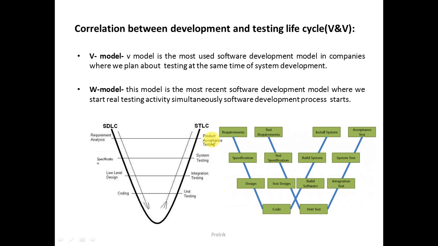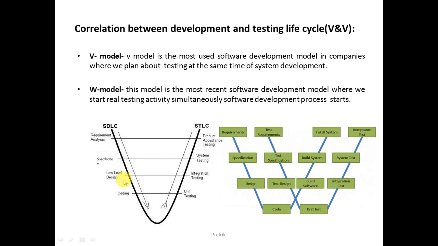So it's just planning. The STLC part is a plan, and the actual execution is of the phases on the left side of this V symbol. So requirement analysis will happen and UAT will be planned. After the requirement analysis, specification will be performed, and at the same time system level testing will be planned.